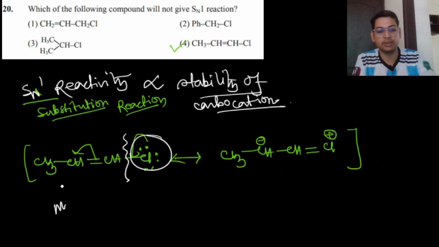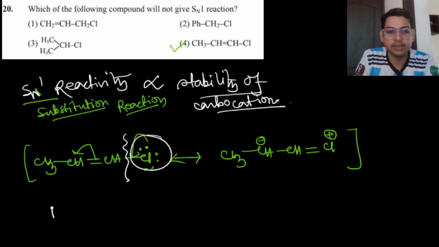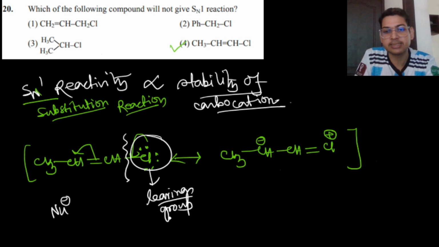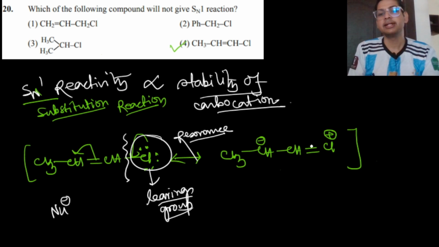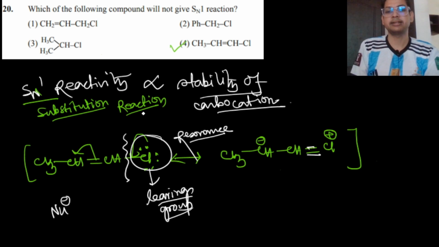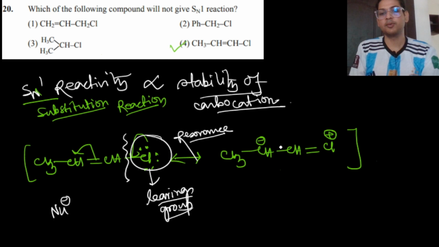Any nucleophile will come and you want to substitute the chlorine. But the thing is, your leaving group chlorine is actually participating in resonance, and after resonance it is having a double bond character. You see, it is having a double bond character.